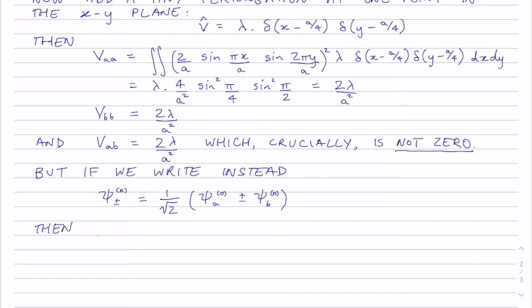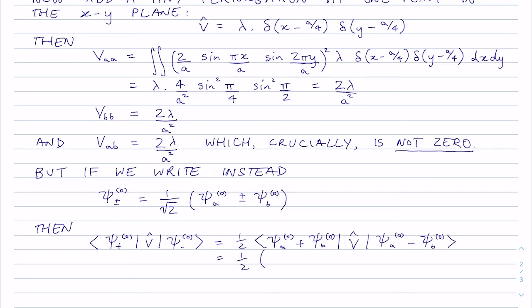But psi plus naught V psi minus naught is equal to 1/2, because it's 1/√2 squared, times psi A plus psi B, V, psi A minus psi B, which is equal to 1/2 times VAA.